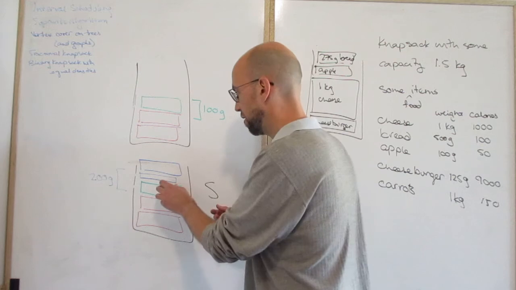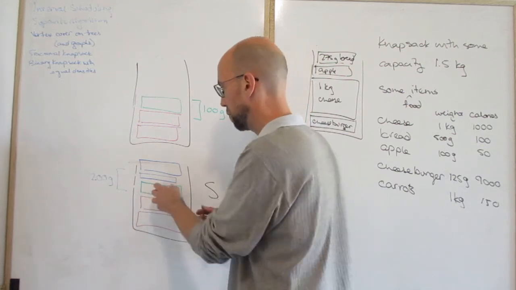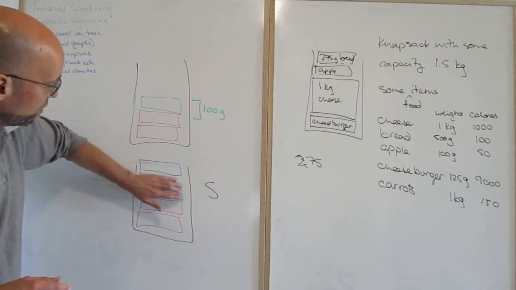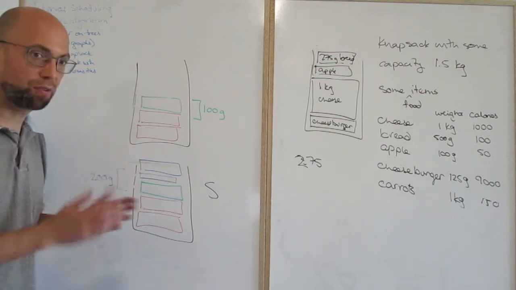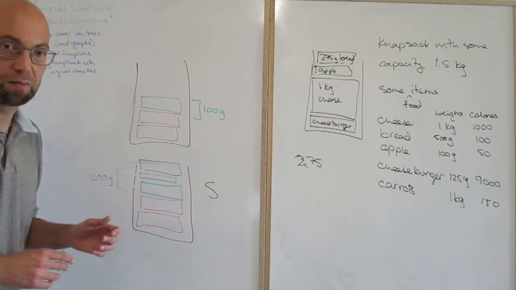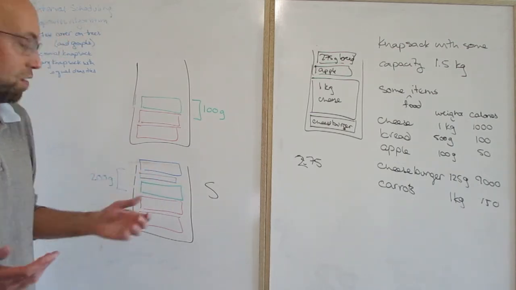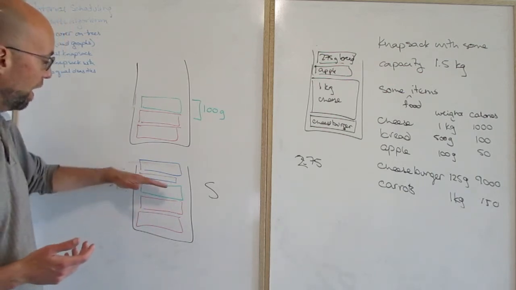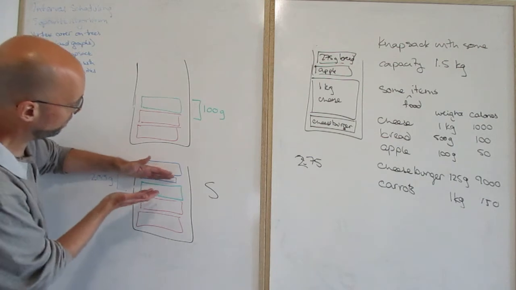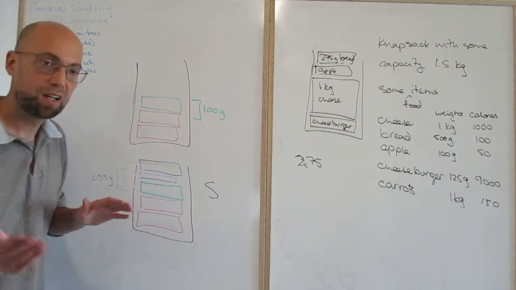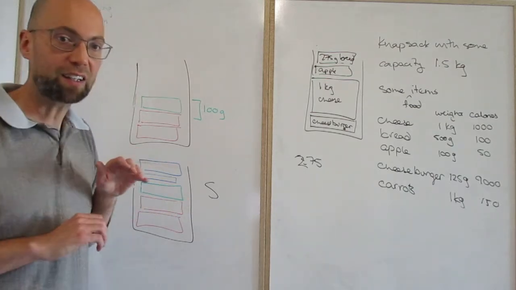So that means that this 100 grams that we inserted here has more calories than the 100 grams of blue stuff that we got rid of to be able to insert it. Okay? Because it's at least as calorically dense as the 100 grams of whatever was in here. And we know that we can get exactly 100 grams because we can cut the blue thing to be able to fit it in exactly.